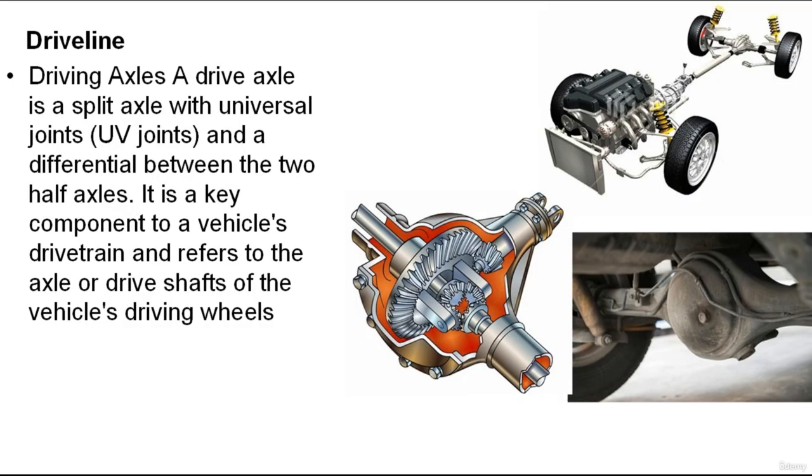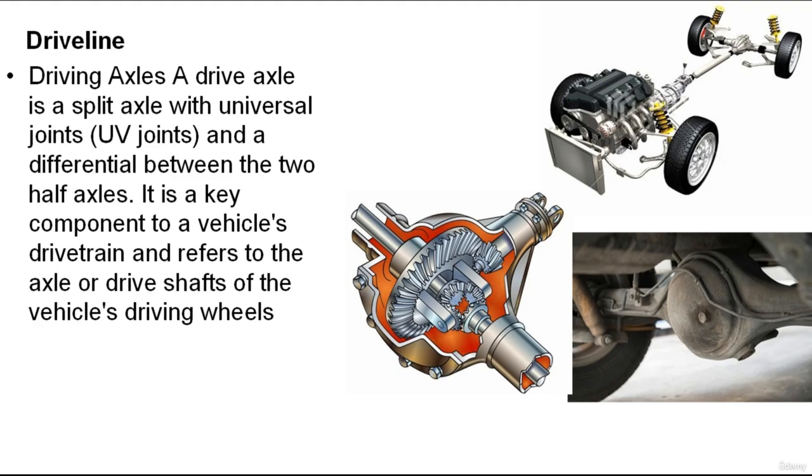Also, another part that we have is the drive line. Drive lines are used in rear-wheel drive vehicles and four-wheel drive vehicles. They connect the output shaft of the transmission to the gearing in the rear axle housing. They are also used to connect the output shaft to the front and rear axle drive on a four-wheel drive vehicle.